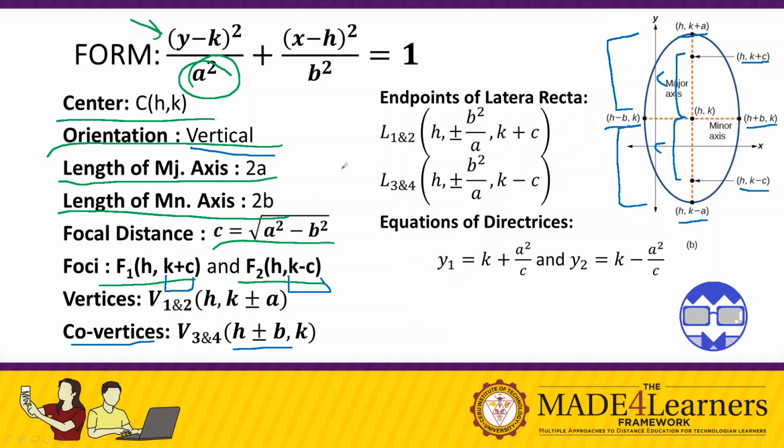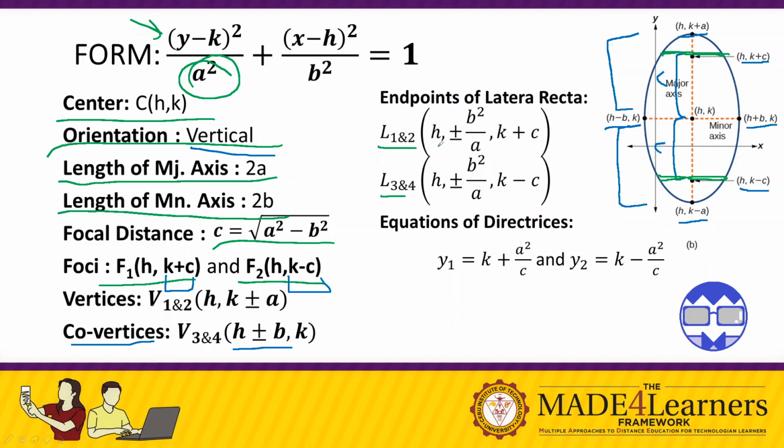Then for the endpoints of the latera recta, again, the latera recta always refer to the focus. It's the line segment that passes through the focus. So we have 2 endpoints for the focus above, and another 2 points at the focus at the bottom.